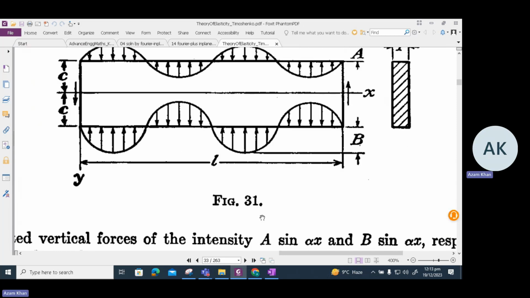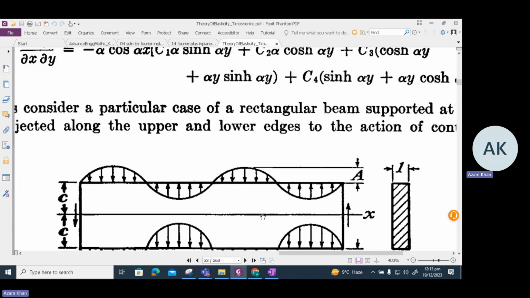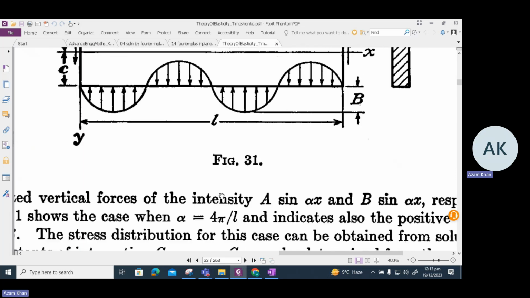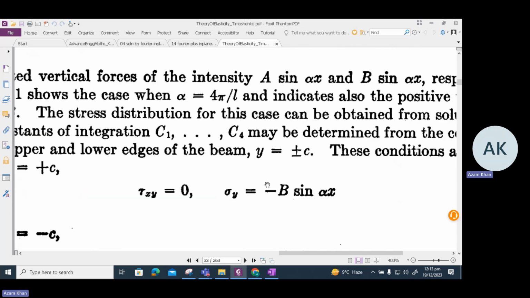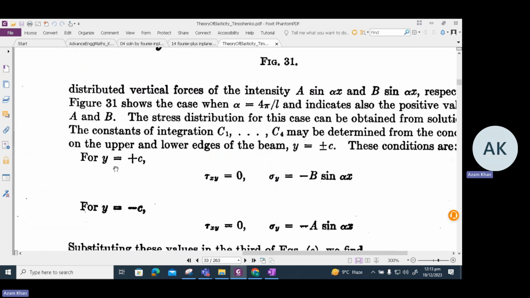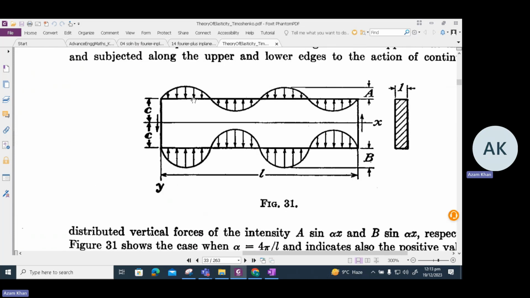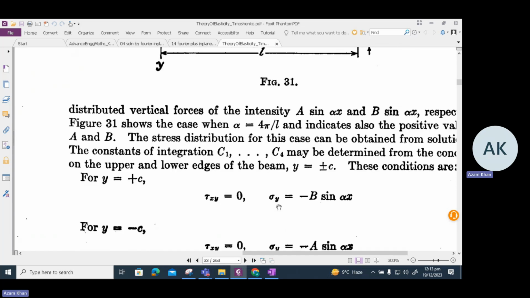Now we can apply the boundary conditions and get our constants. The first boundary condition is that at y is equal to plus c, tau xy is equal to 0. Thus there is no shear at y is equal to plus c, and sigma y is equal to minus b sine alpha x.